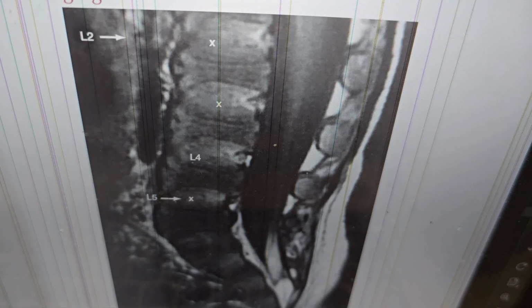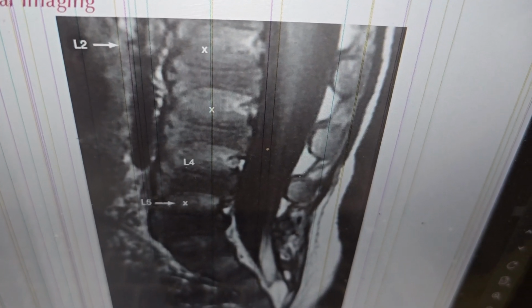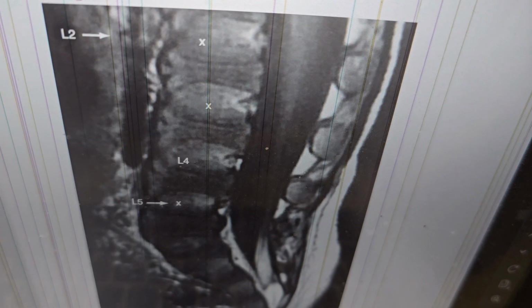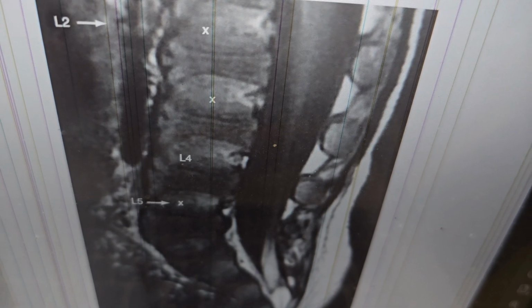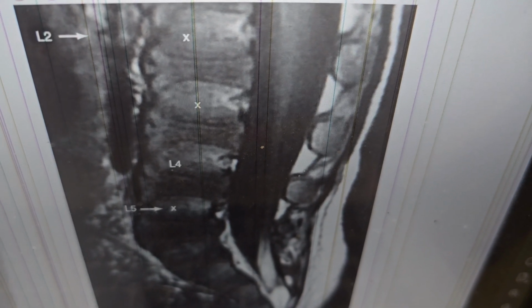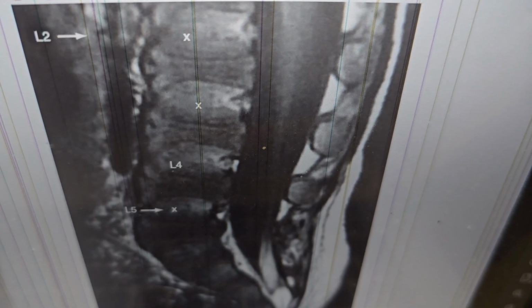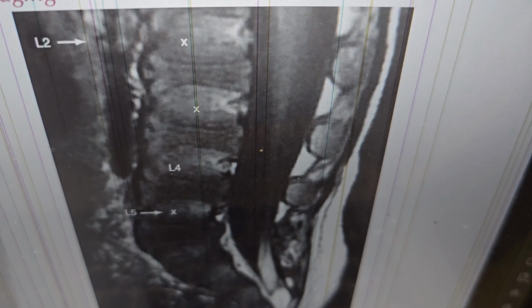You can appreciate here the L2 level, the L4 level, and L5, and you can see where the attachment is. It is the attachment of the spinal cord or conus down to L5, and it is causing significant symptoms, as I mentioned, and there is also skin dimpling on presentation telling us about this problem.